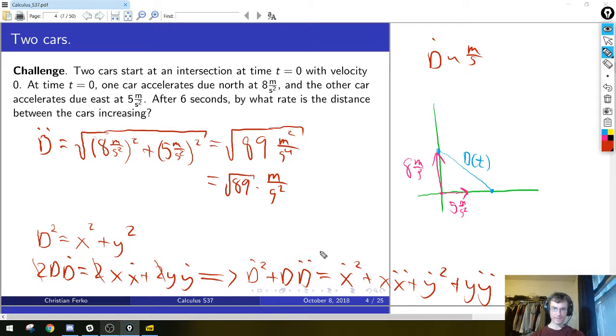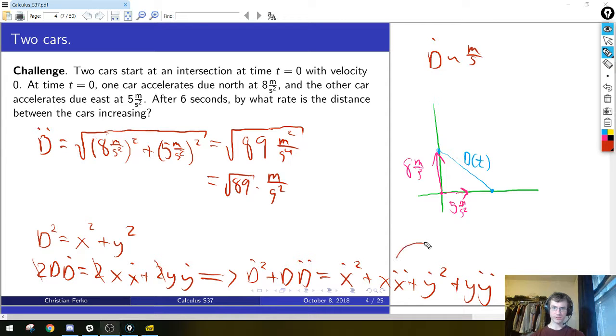Okay. So we're trying to argue that d double dot is supposed to be this thing. Now, I'm not sure that's actually going to be true. If we solved for d double dot here, I'm not sure we would get the square root of x double dot plus y double dot.